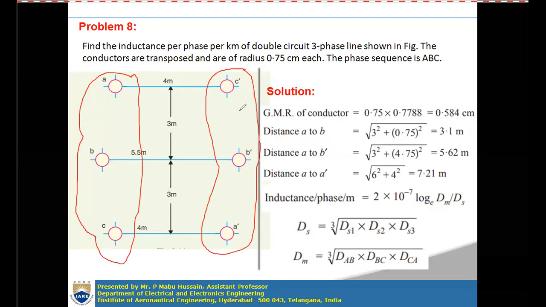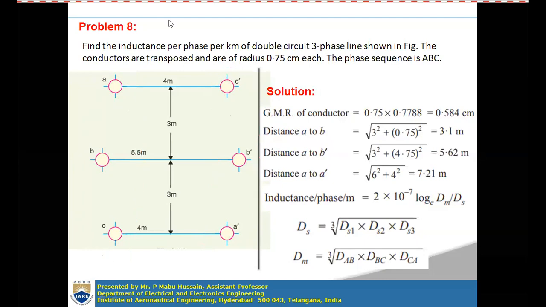So how can you determine the inductance value for this circuit? Here also the formula is the same, but the calculation of Dm and Ds values will be a little bit different. The formula for inductance per phase per meter is 2 into 10 power minus 7 ln, or log to the base e, Dm by Ds.